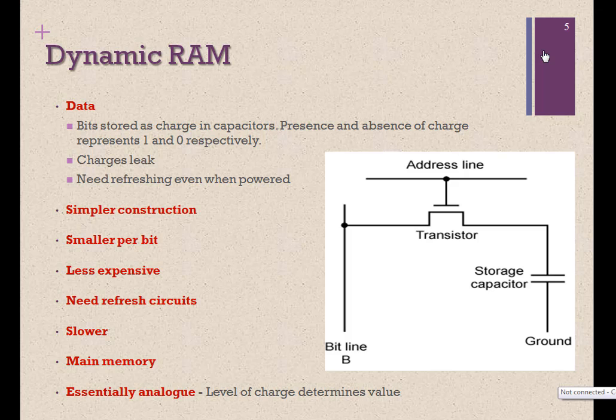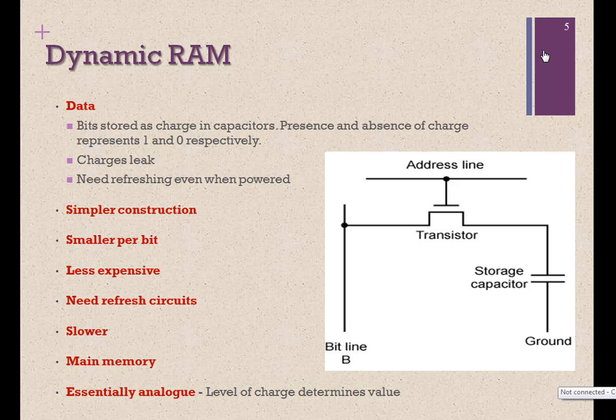In dynamic RAM, for example, a bit is stored as charge in a capacitor. The presence or absence of charge represents 1 or 0, and a simple construction is shown with an address line controlled by a transistor. When the transistor is on, charge will be stored in the capacitor, which means data will be stored.